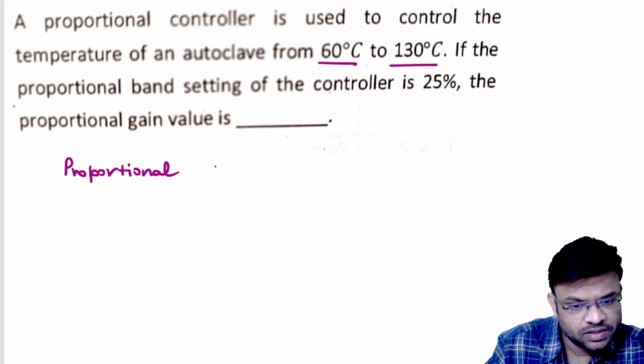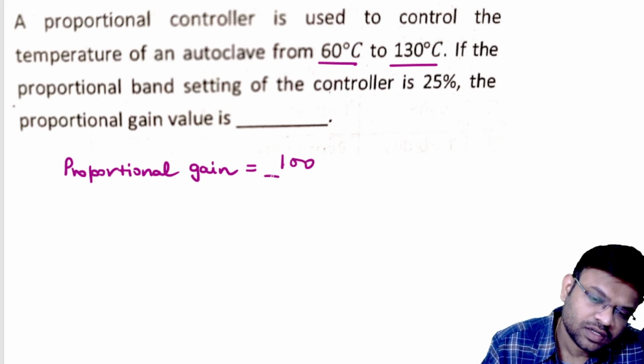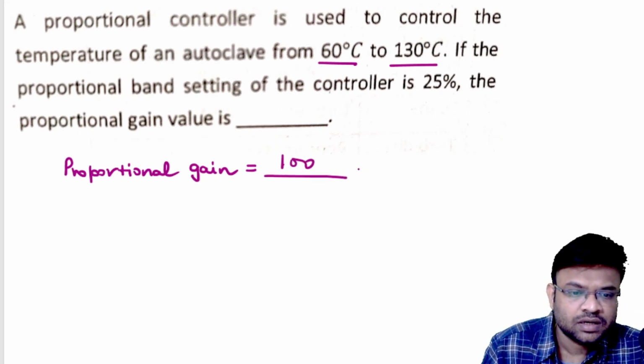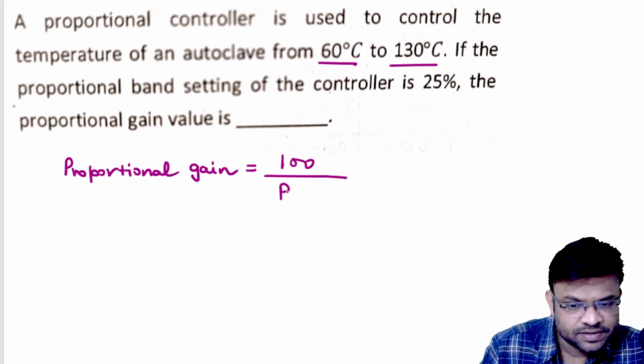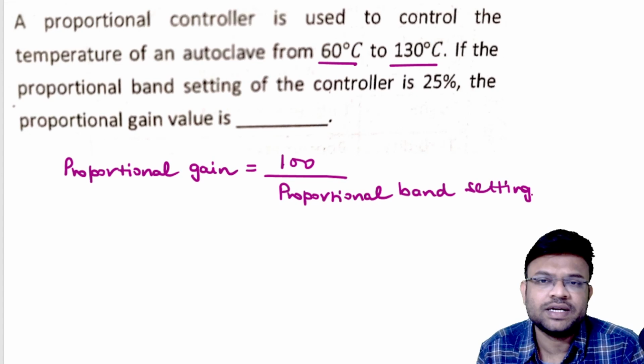Now remember that the proportional gain can be calculated as 100 divided by the proportional band setting, and this should be in percentage.